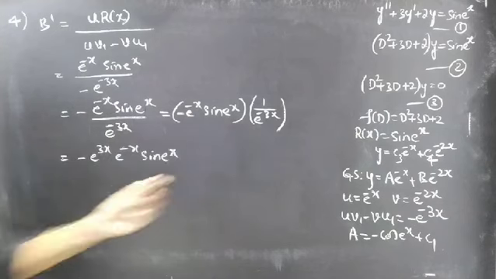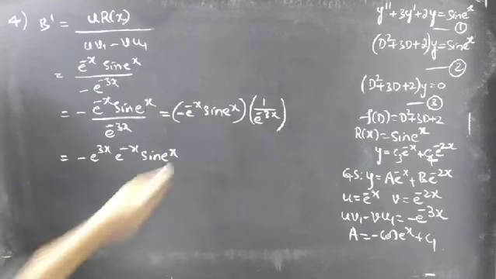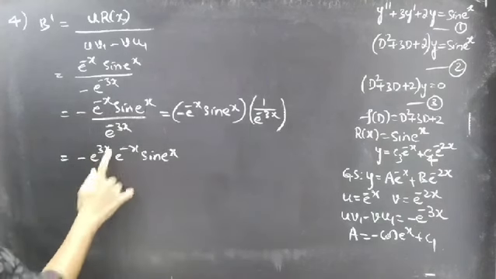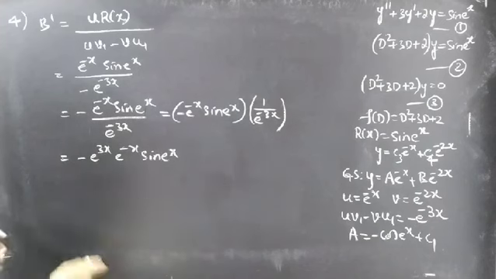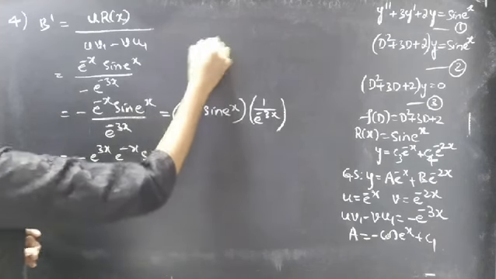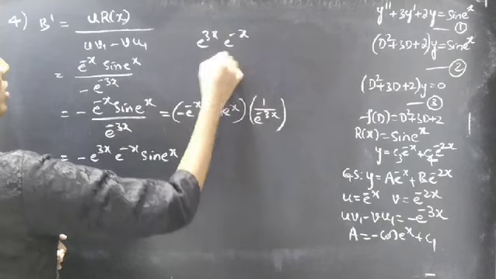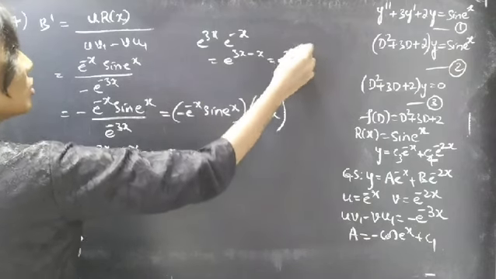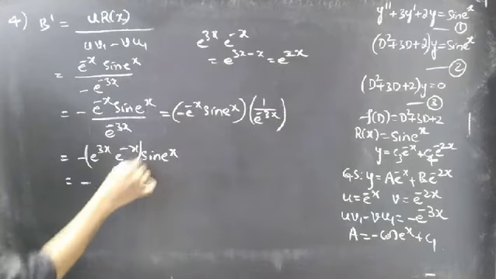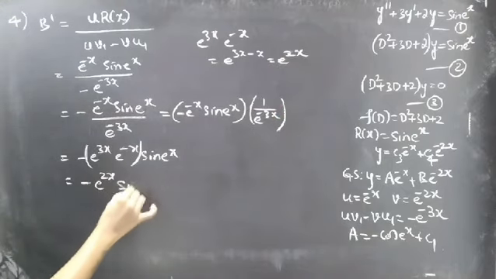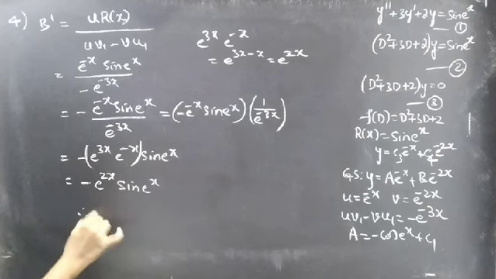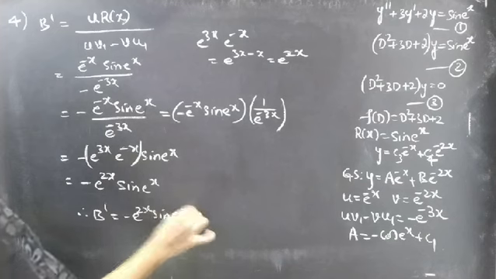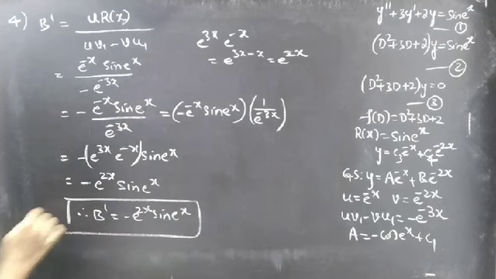The reciprocal of e power minus 3x is e power 3x, right? From this we'll get minus e power 3x into e power minus x sine e power x. This gives us minus e power 3x minus x, which is e power 2x. Let's replace it with e power 2x. Therefore, b dash equals minus e power 2x sine e power x.